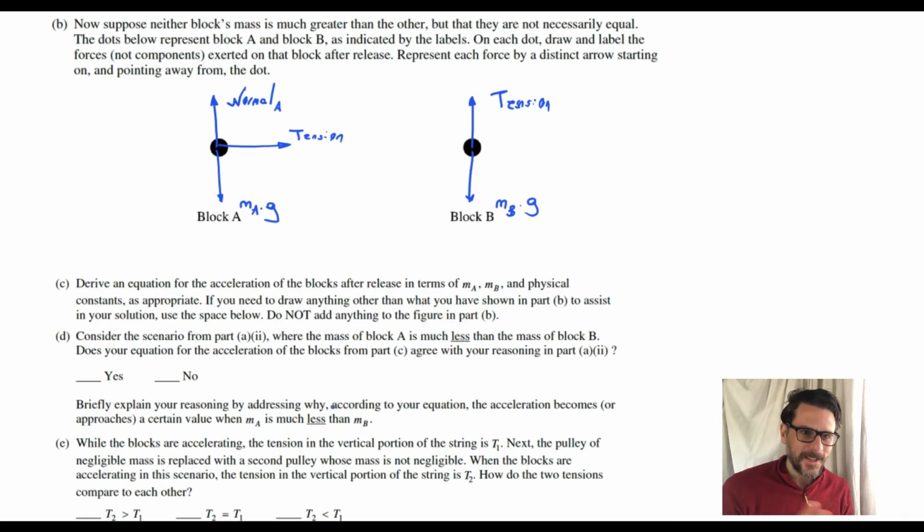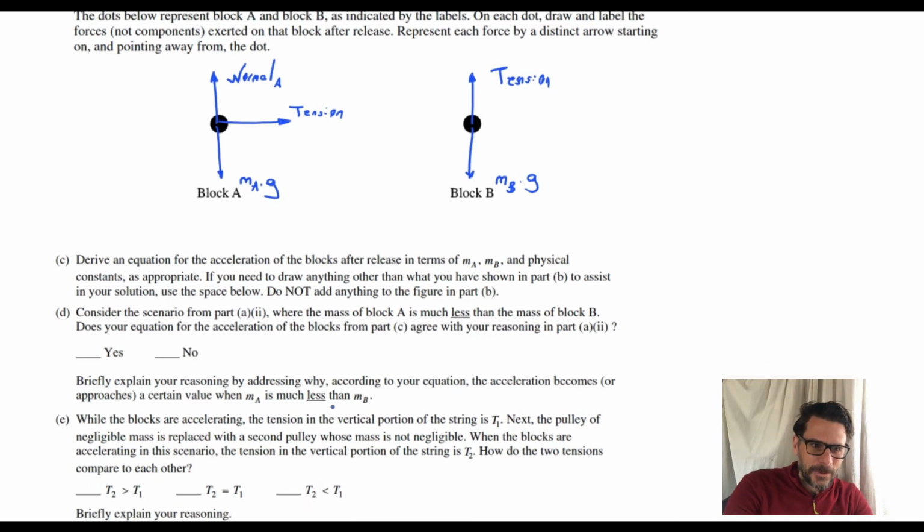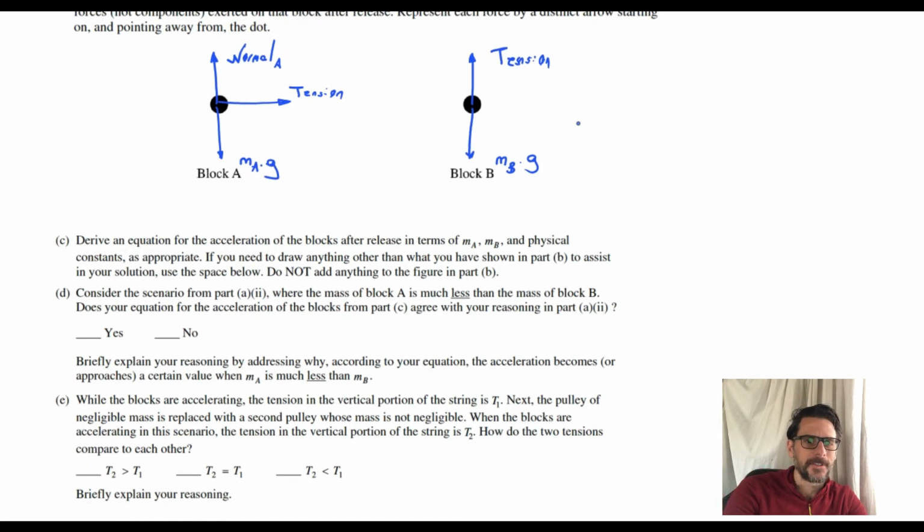That's why the tensions on both sides of the pulley are the same. The tension pulling upwards on B is the same tension as the one acting rightwards on A. So that's why we haven't identified tension on A and tension on B. It's the same tension because it's the same string, and there is no need for a net torque to start rotating the pulley. We'll go deeper into that argument later in the problem.